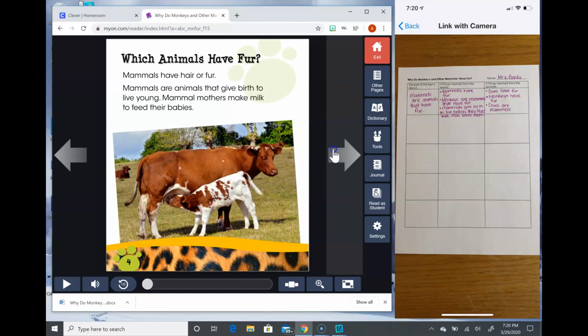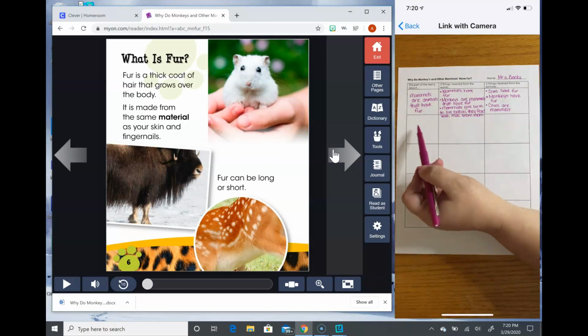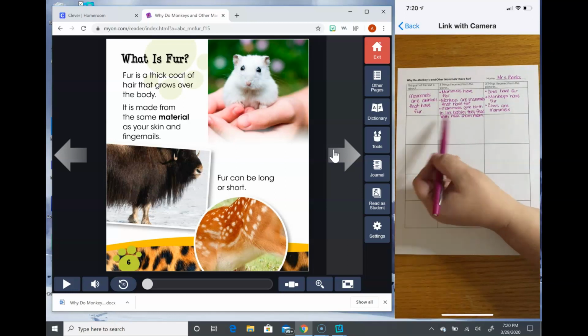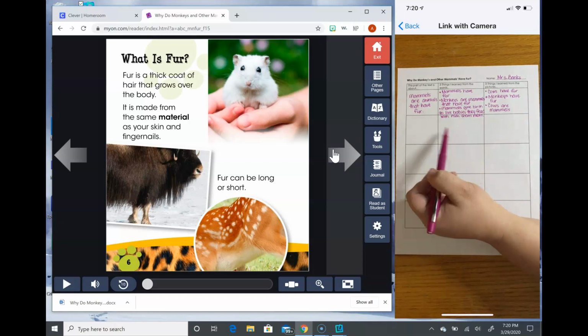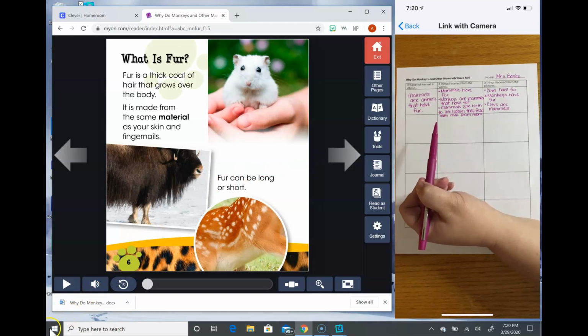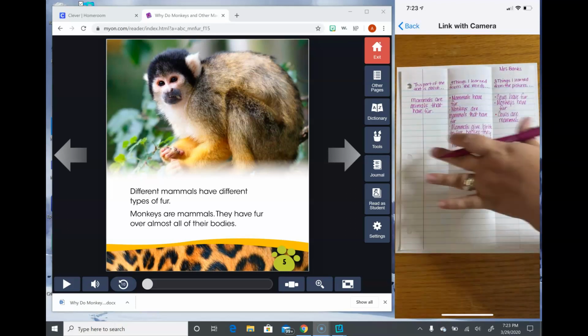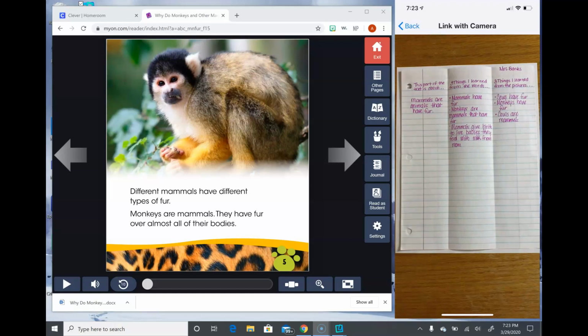All right. If I keep reading, I am going to go ahead and think about this next section, what is fur, in the next section of my graphic organizer. All right. I want to go ahead and show you though, had you done this on a piece of notebook paper, you'll notice that I have a lot more stuff right here that I've used.